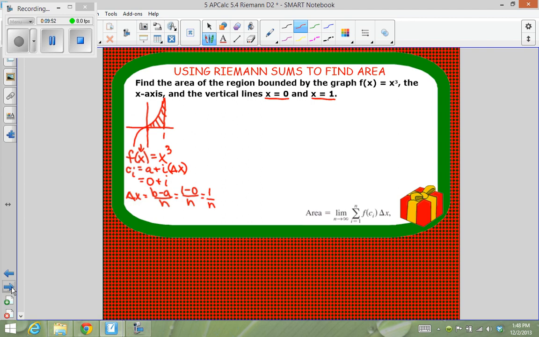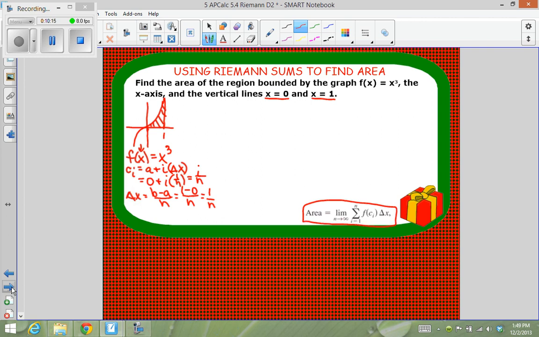Okay, so going back up here and plugging that in, it's a plus i delta x, so that's 0 plus i times 1 over n. So that means my c sub i formula is i over n. Okay, all right, so now then, remember we are trying to use this right here.